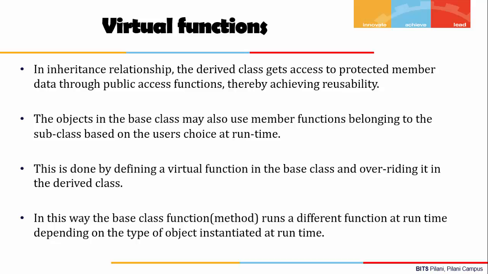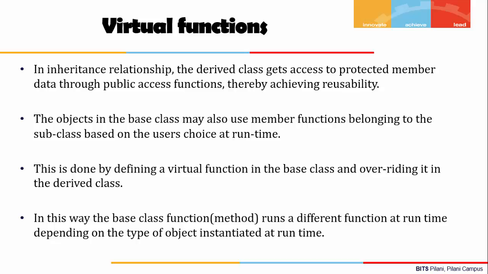So if the pointer points to a square, the function that draws a square is called. If it points to a triangle, the triangle drawing function is called. All the different classes of shapes must be descended from a single base class, and the draw function must be declared virtual in the base class.